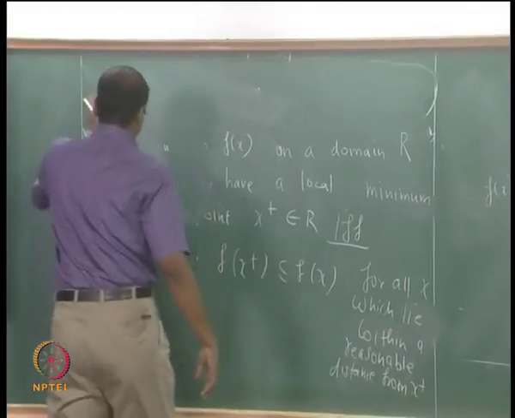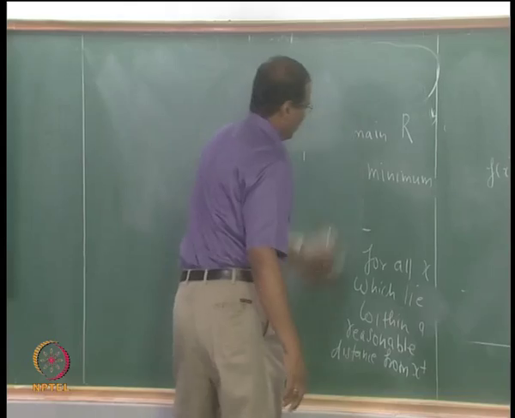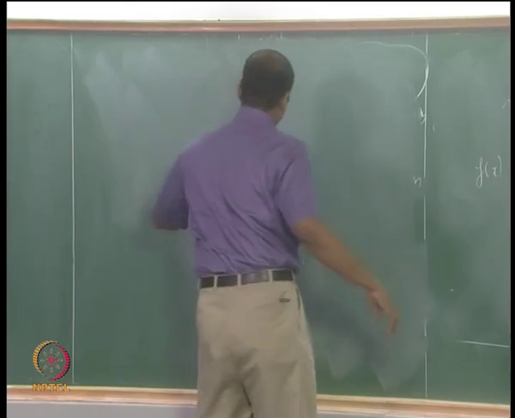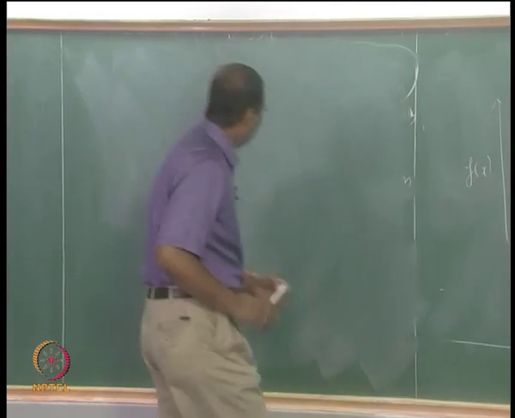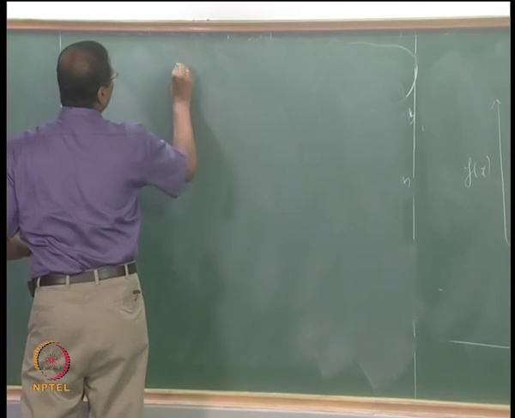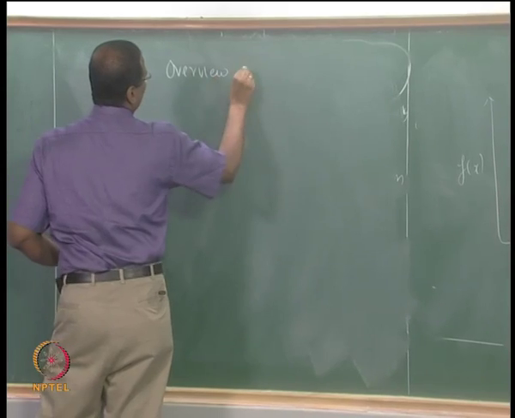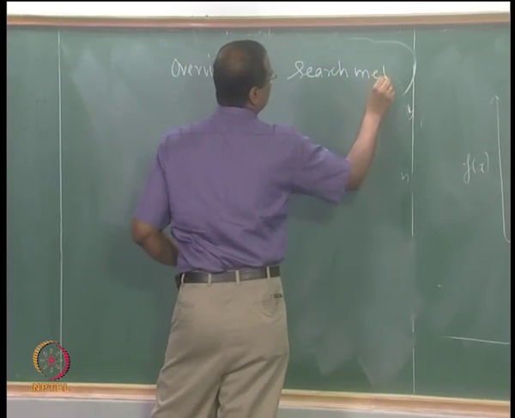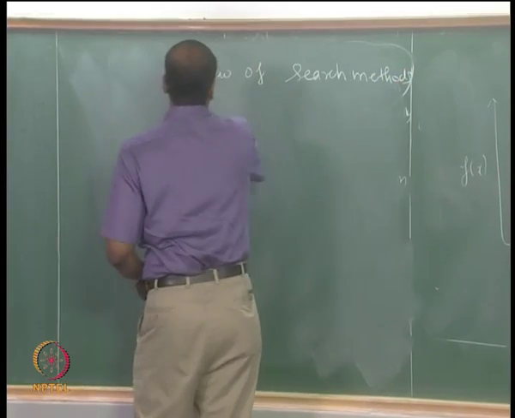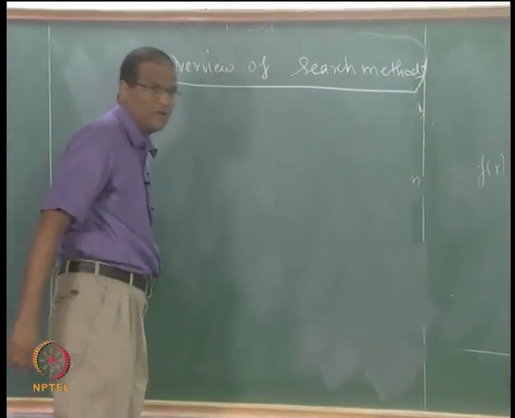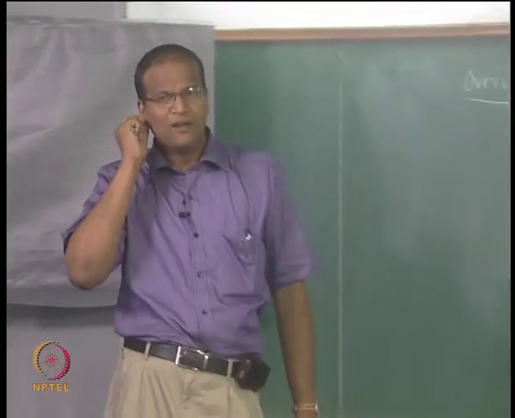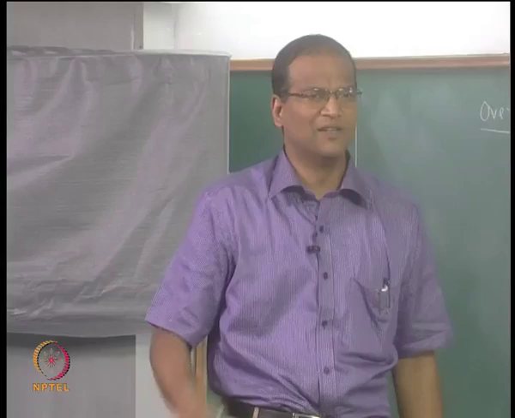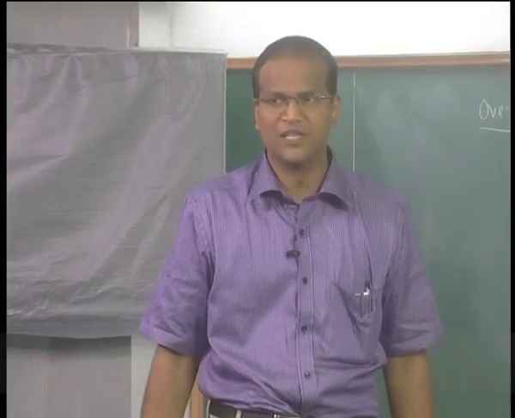Now before going into a region elimination method, let us look at a broad overview of search methods. We looked at one category where we divided the whole interval into 7 or 8 divisions, maybe yesterday's 6 divisions, and we evaluated the function at 7 points.